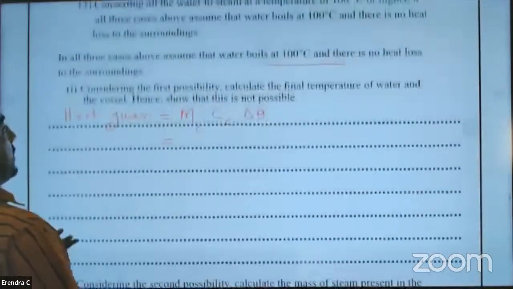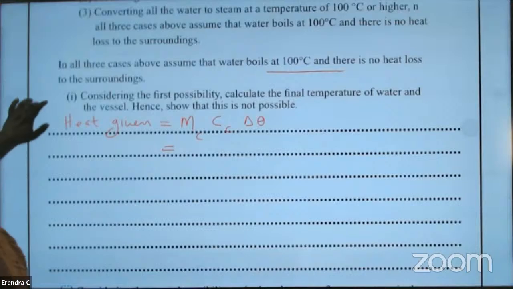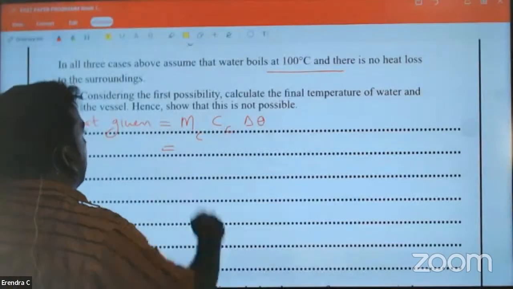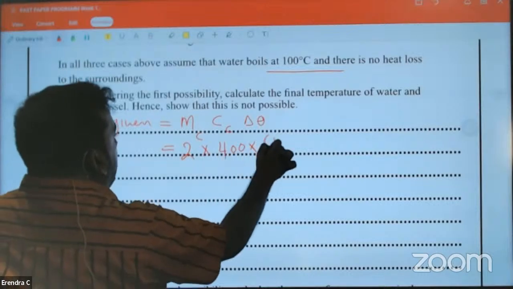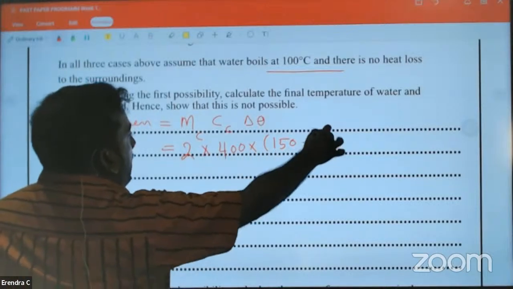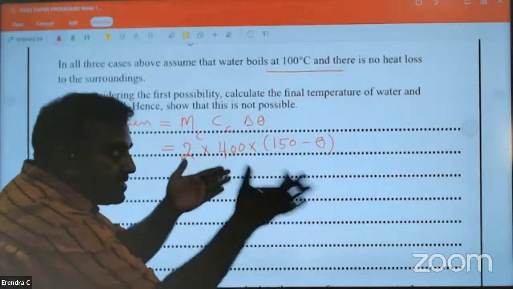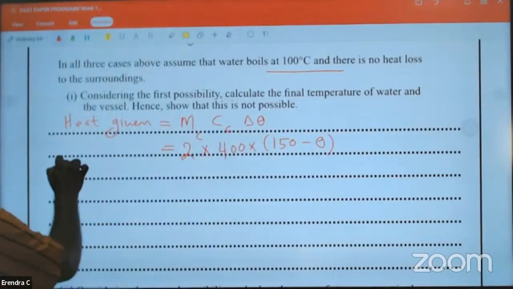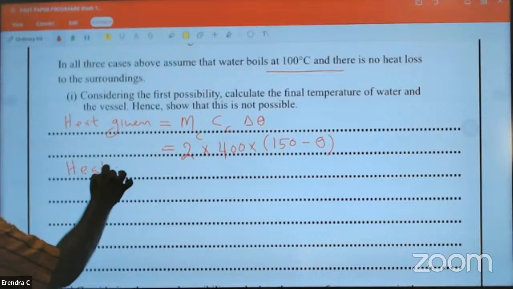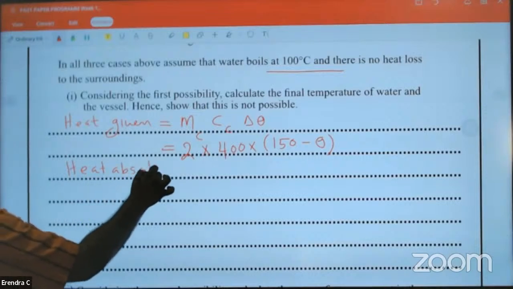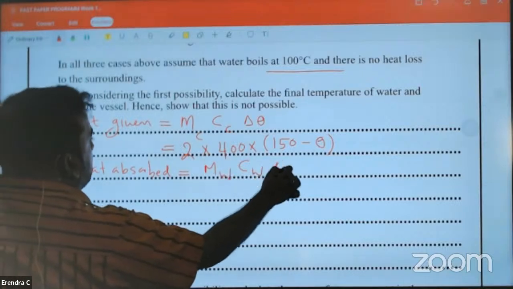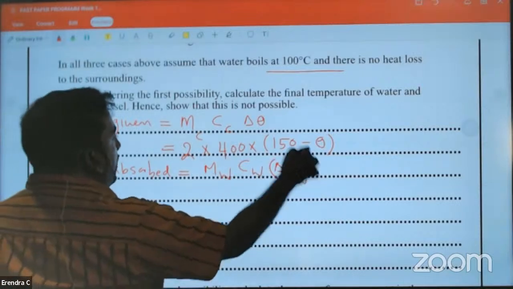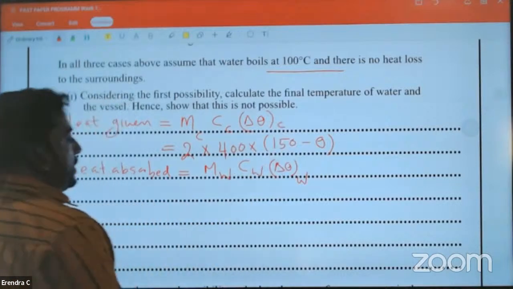Look at this carefully. Heat is given: mass into specific heat capacity into change in temperature. Copper is giving, so it reduces. Heat absorbed. Who is absorbing heat? Water: mass of water, specific heat capacity of water, change in temperature of water. This is the change in temperature of copper.